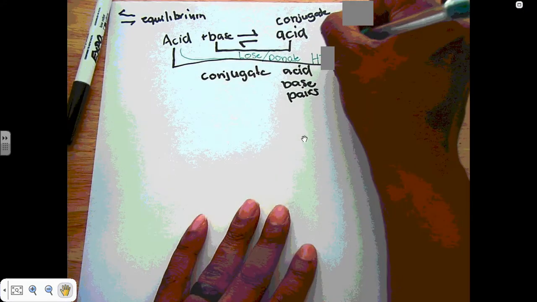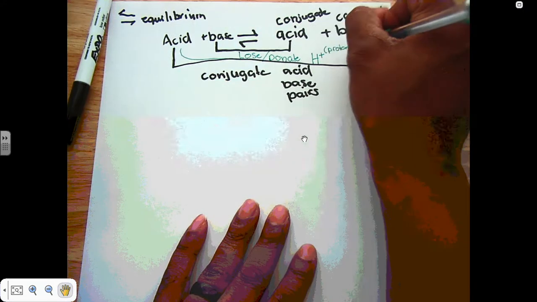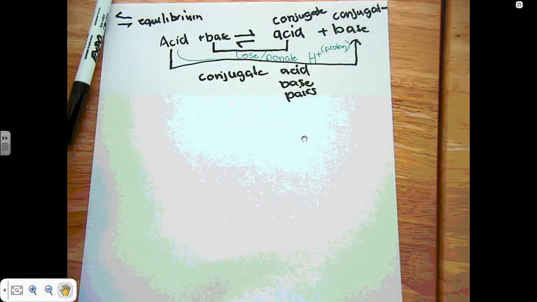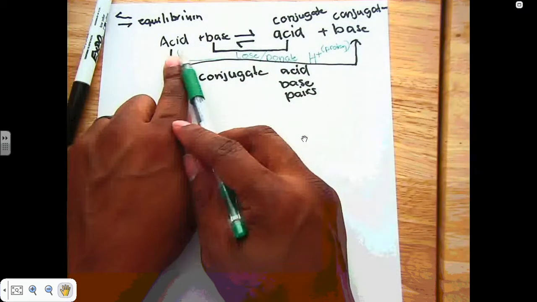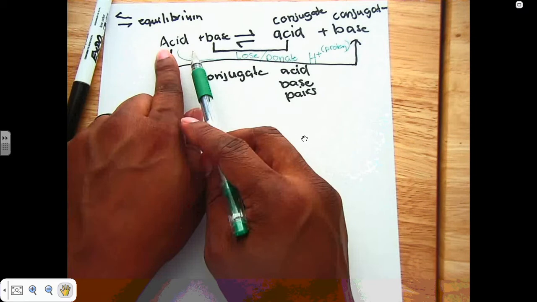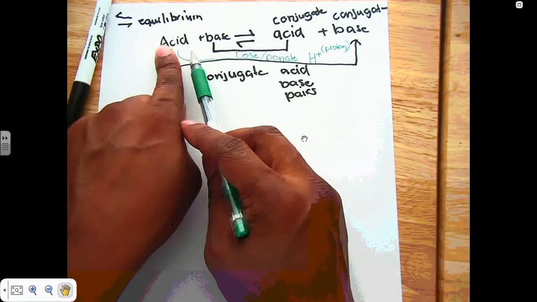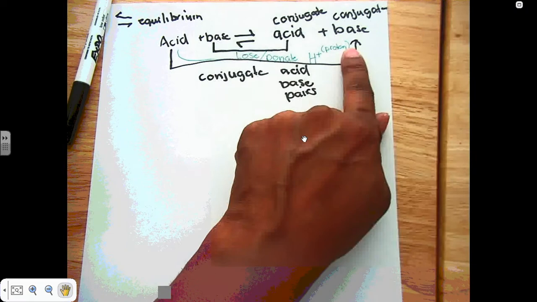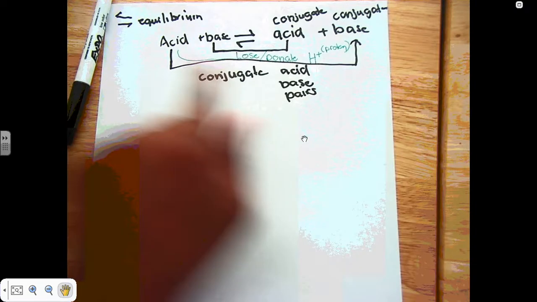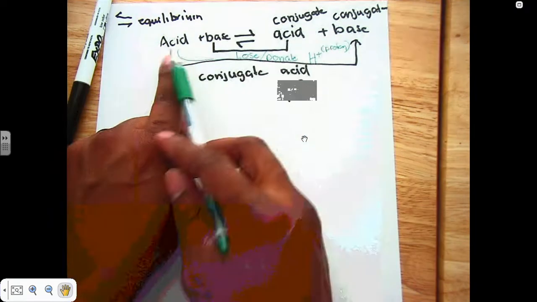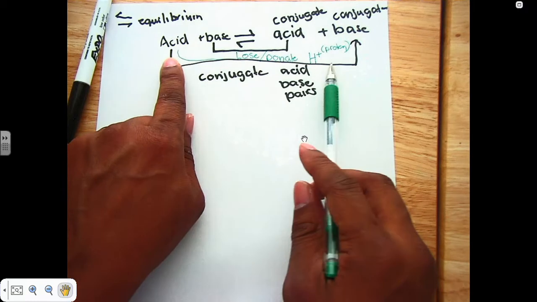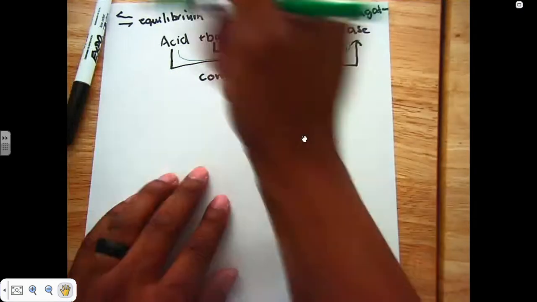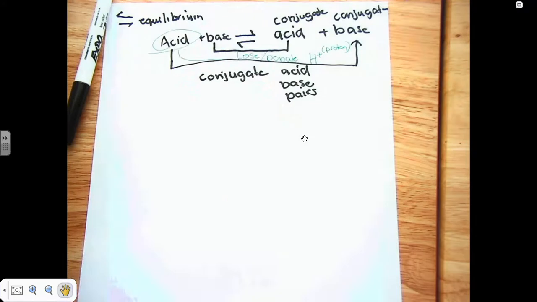And I'll put proton just so we know what we're talking about. So we're donating a proton as an acid. You might not see that it's donating. You might notice that this one has an H group on this side, and on this side, that same compound seems like it's H deficient. Well, you know that in order to go from here to here, something had to happen to that H. And so it donated or gave it away. And that's how you know how to pinpoint this guy as your acid.